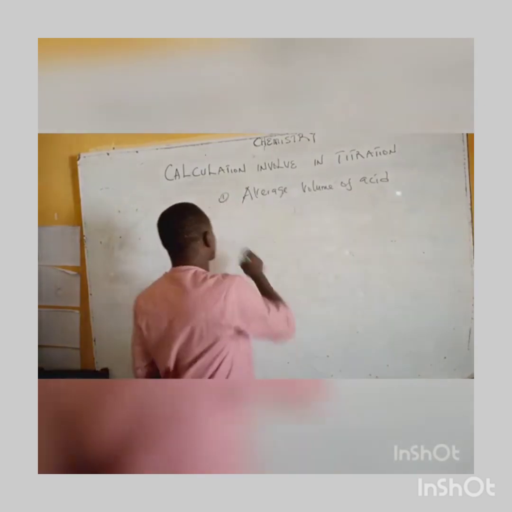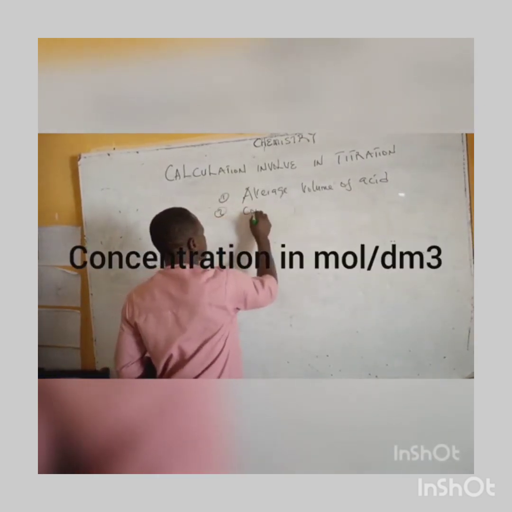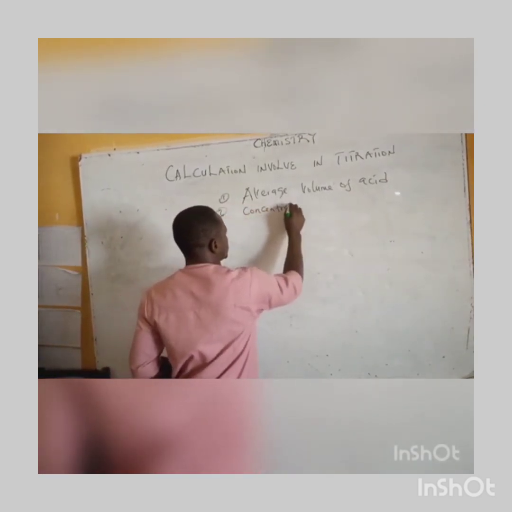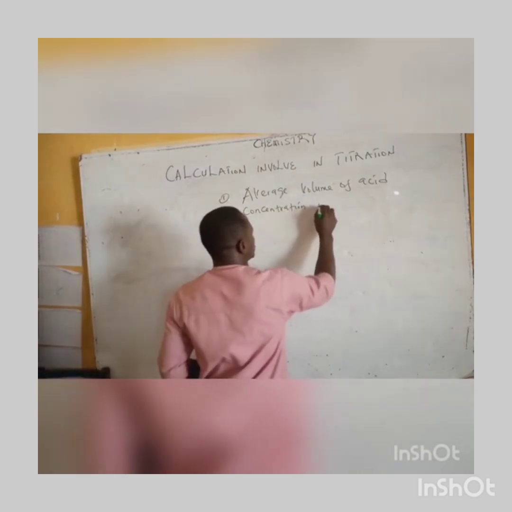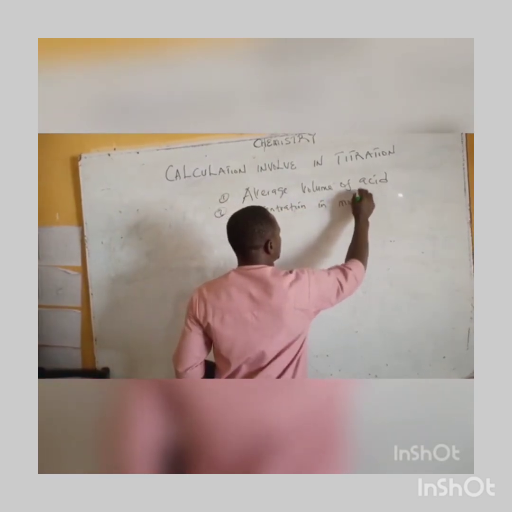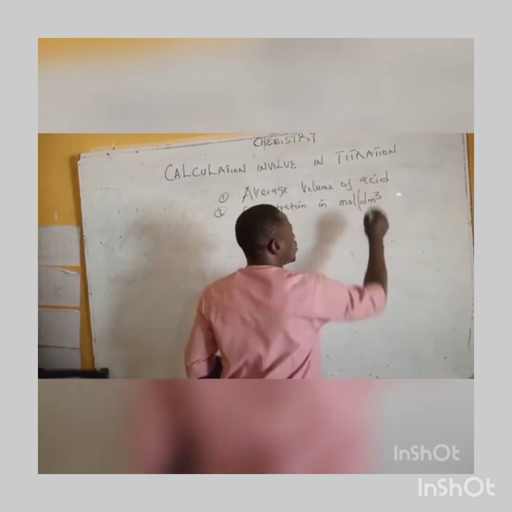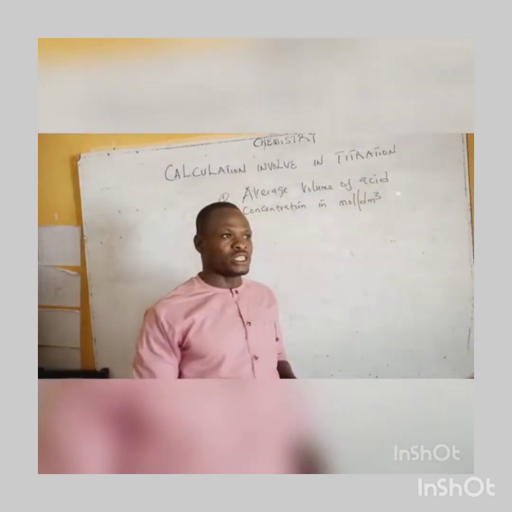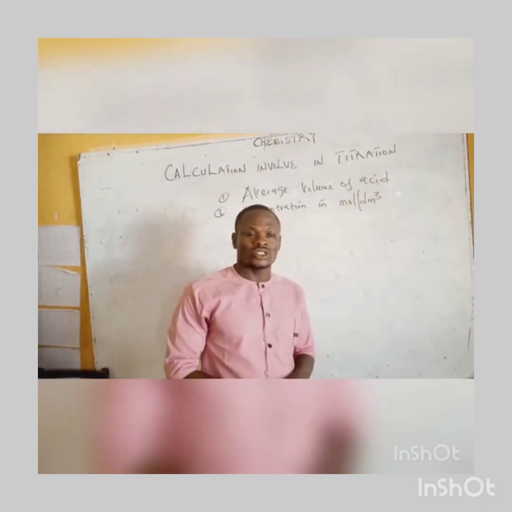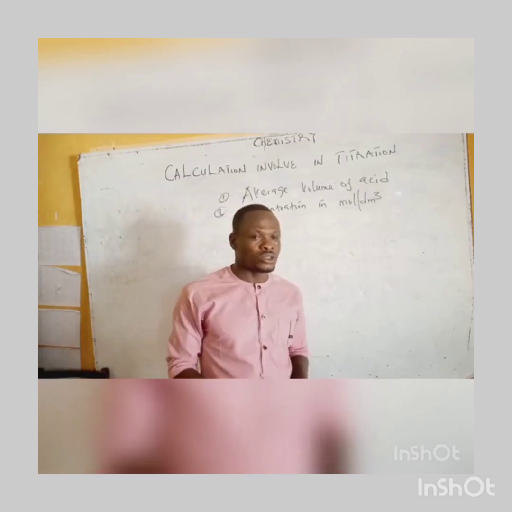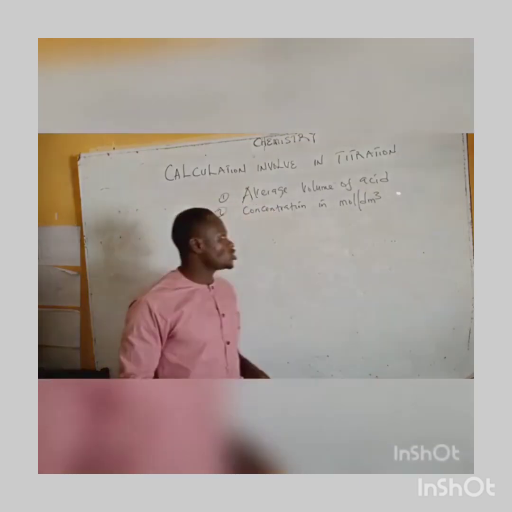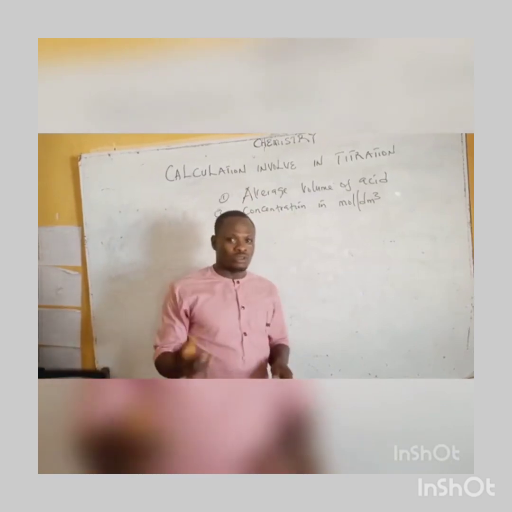Number two of the parameter is concentration. We have concentration in moles per dm cube. It is either you are asked to calculate concentration of acid in moles per dm cube, or you are asked to calculate concentration of base in moles per dm cube.